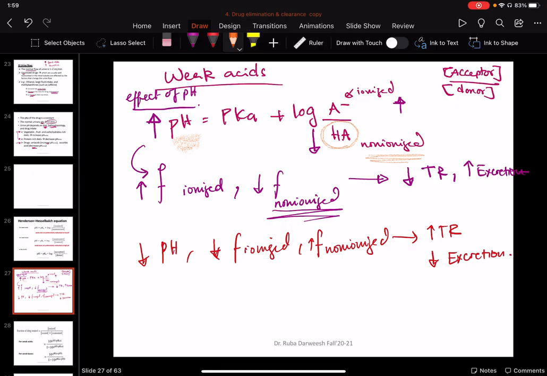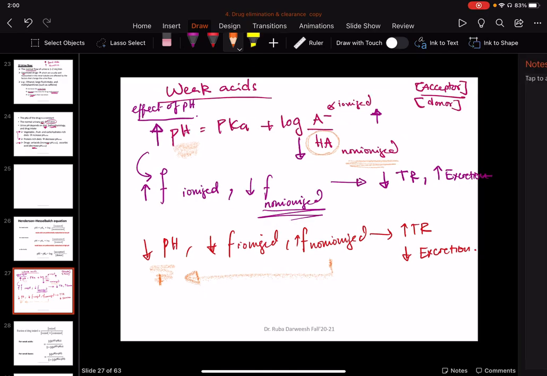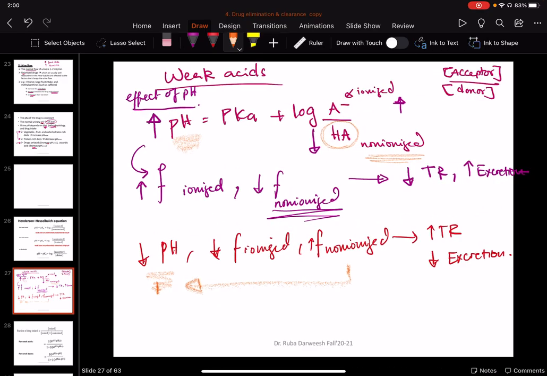So I can either start the question or the case from here or from there and go back, so be careful whether we are asking about tubular reabsorption or excretion. This is the effect of the pH.